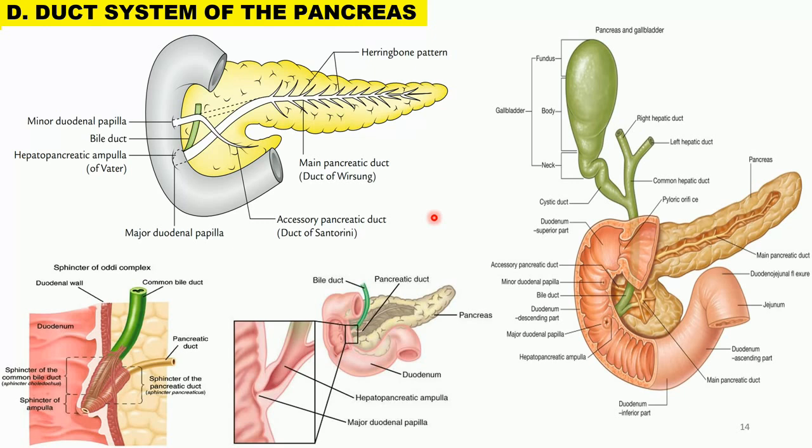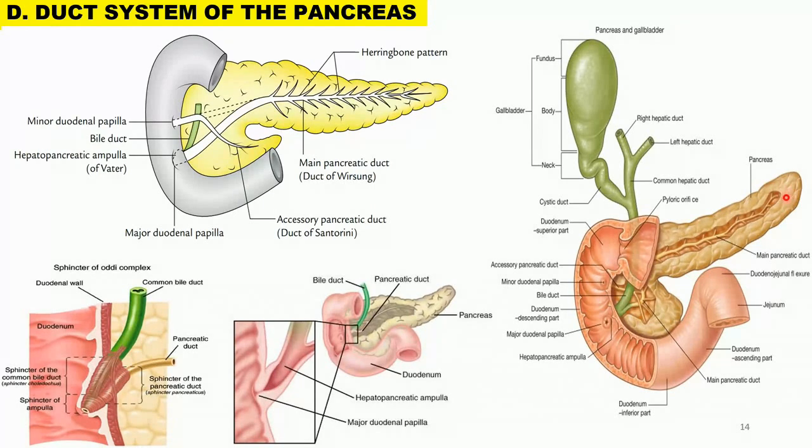Okay, the pancreas has ducts, and we know ducts are channels through which secretions pass. We can see here there are two ducts of the pancreas. We have the major, or the main pancreatic duct. This one is going to be draining the bigger part of the pancreas.